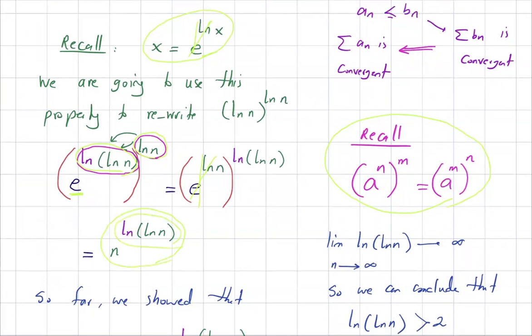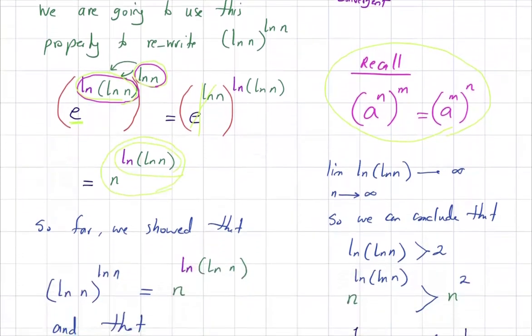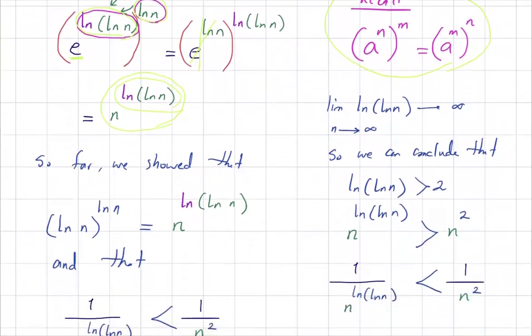That's why we are using the comparison test, because I have n raised to some exponent. At the same time, since n goes to infinity, ln of n goes to infinity. So indeed, it's a number that is larger than 2. Why is it important? Because n to power ln of n must be more than n to power 2.